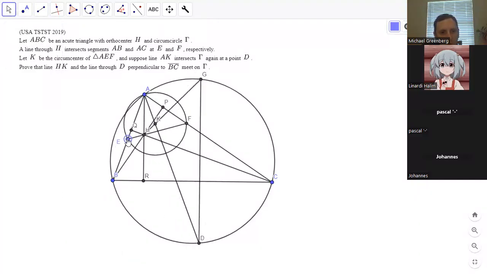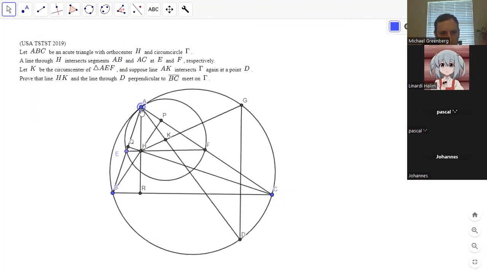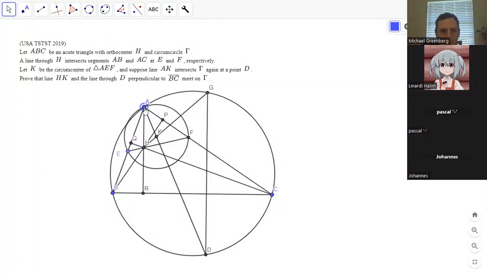In GeoGebra, it looks like D is just the anti-Steiner point of EF. It's the anti-Steiner point. Interesting. Okay. Let's see how we can prove that.